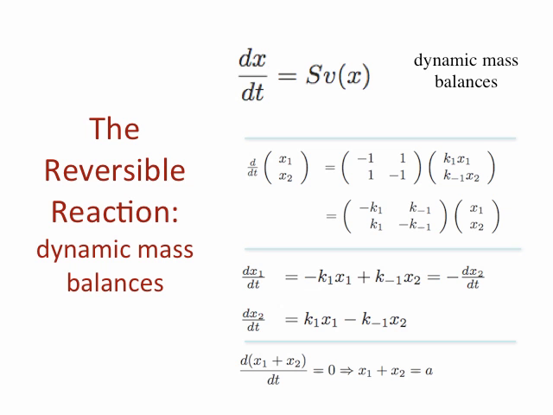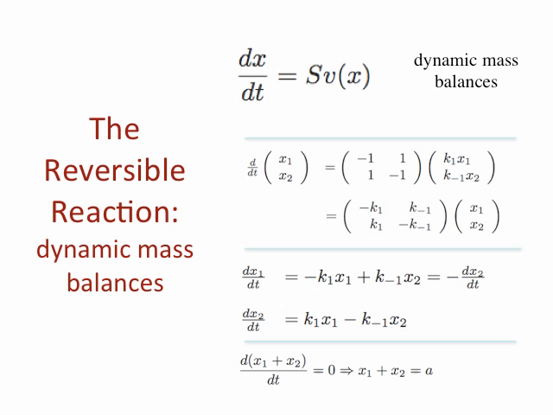All we need to do now is to introduce these quantities into the dynamic mass balance. And that, of course, is the equation at the top of the slide. We put in the stoichiometric matrix and the flux vector. When the reactions are linear, I can actually factor out all the rate constants as shown in the second line of this equation.